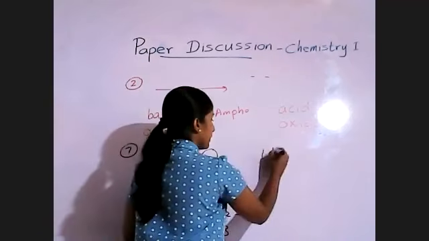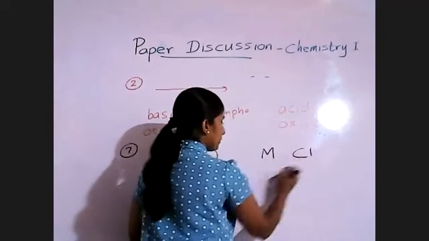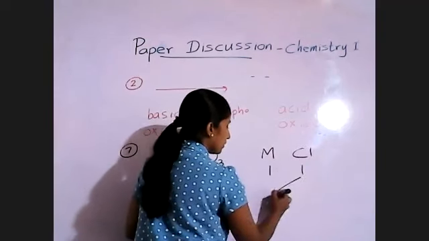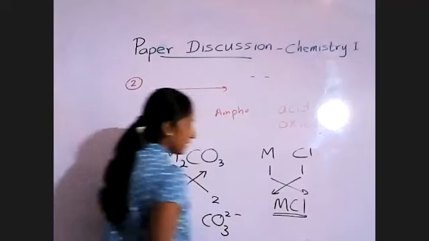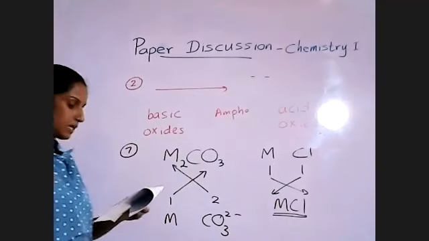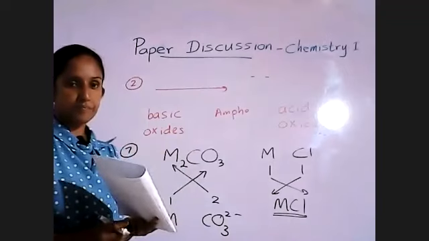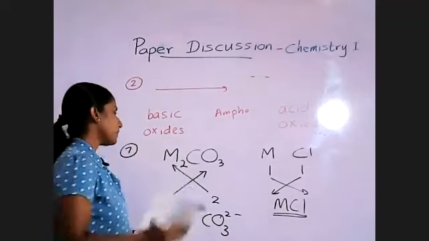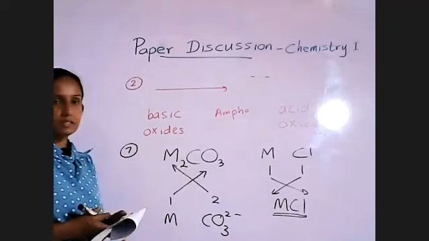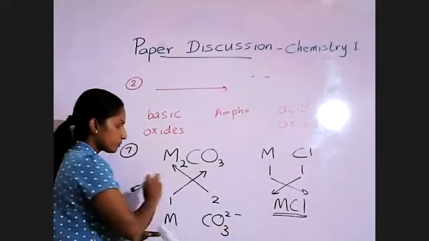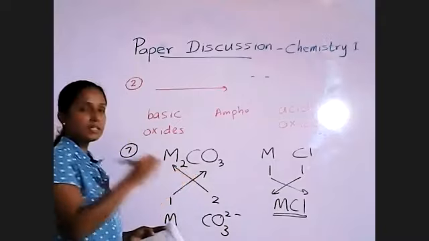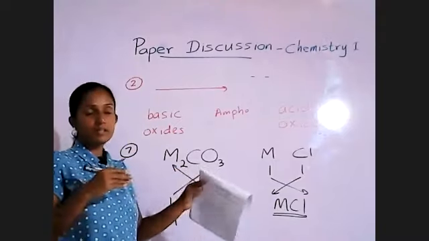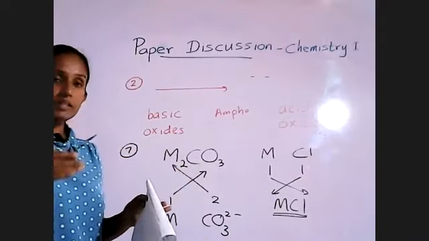So then we have to find the chloride of M: M 1, chlorine 1. Then the chloride of M is MCl. What is the answer? The first one. Most probably you will be given a question like this, so don't mix it up. Mostly these questions are given in the first 20 questions.